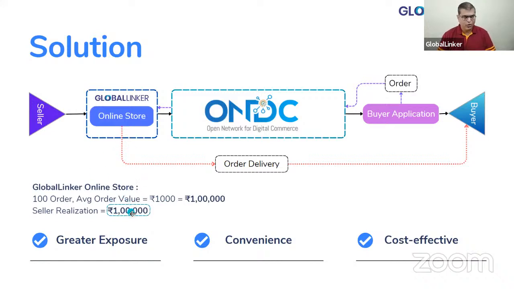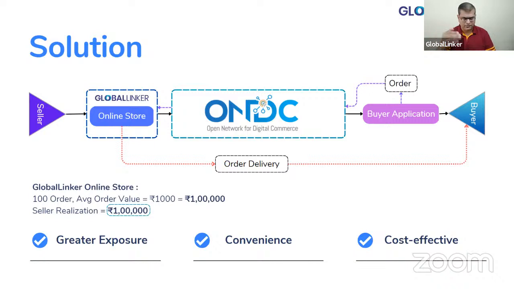This is the ONDC model, where any commission which is being charged by the buyer app can be added back as a convenience fee. It can be added back as a separate line item. So, for example, the product price is, let's say, 1,000 rupees, and you're charging 100 rupees as a shipping fee, and there's a 3% commission on that.